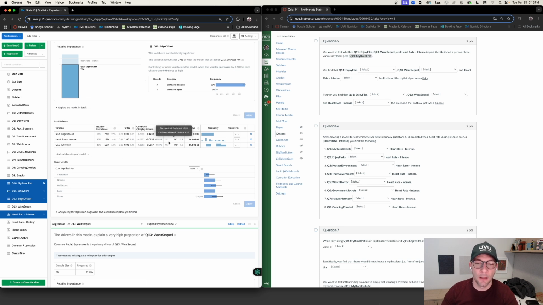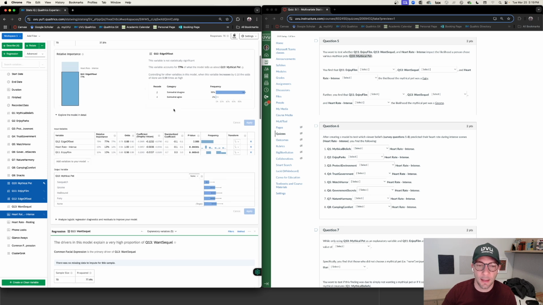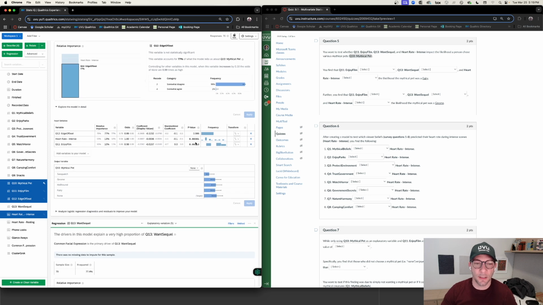Okay, so right here, these are going to be my p-values for each of my predictors. But what this is going to do is show us the odds that each of these predict a certain outcome. Okay, so our outcome is now categorical.